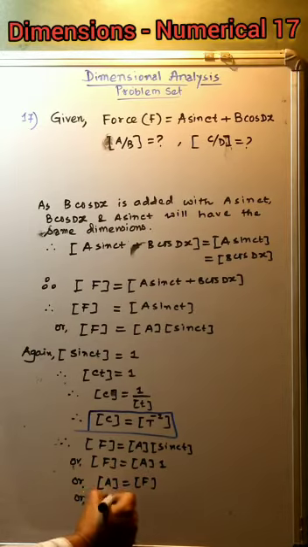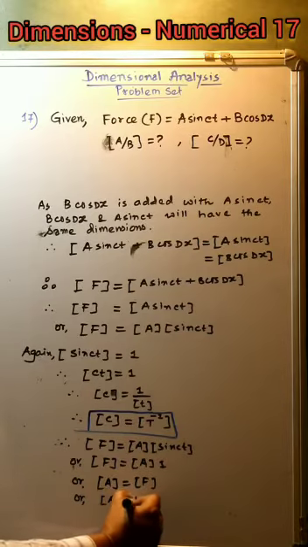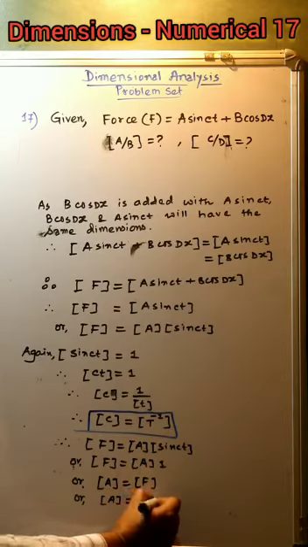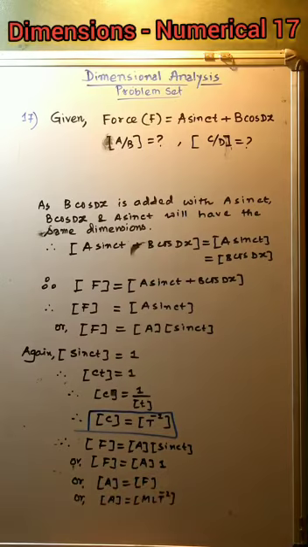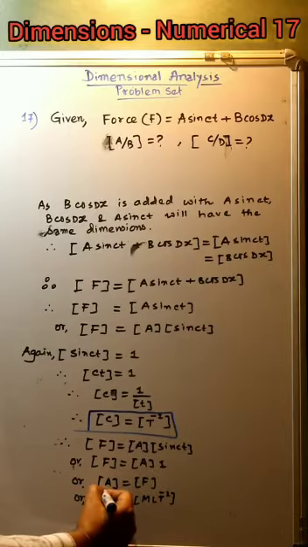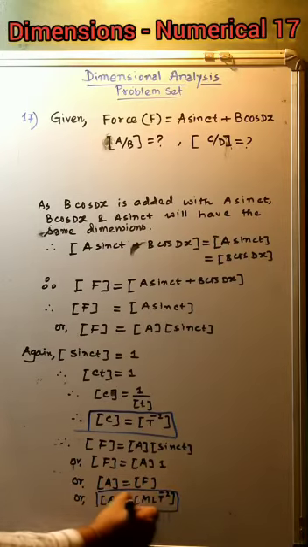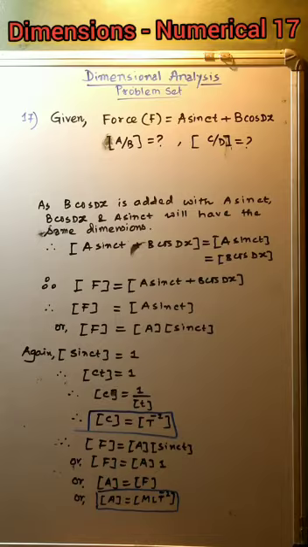Therefore, dimension of A is M L T to the power minus 2. So we get the dimension of A also.